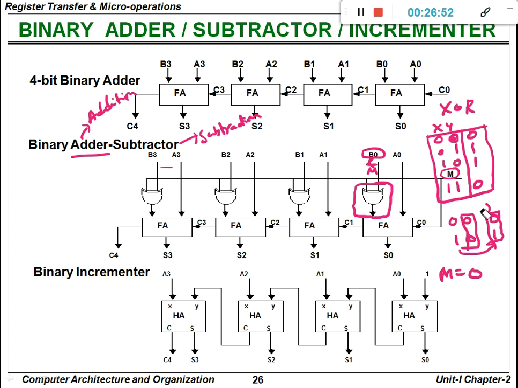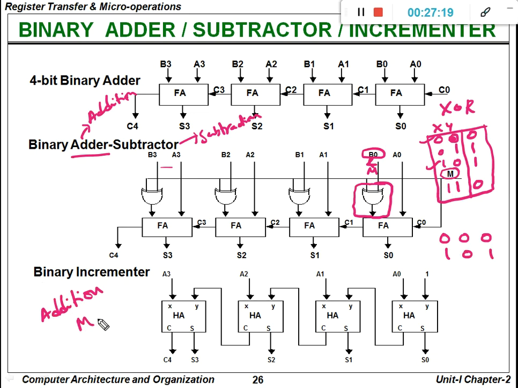So let us see once again. It will be somewhat confusing. Here you may observe, consider this line 0 0 0, and consider this line 1 0 1. For addition, we should pass the m value as 0. So this is the m value, and this is the B0 value.